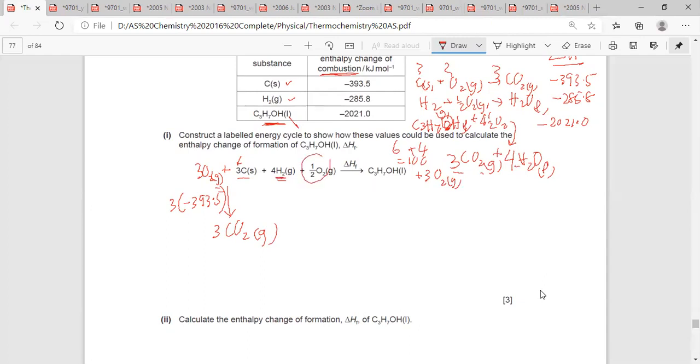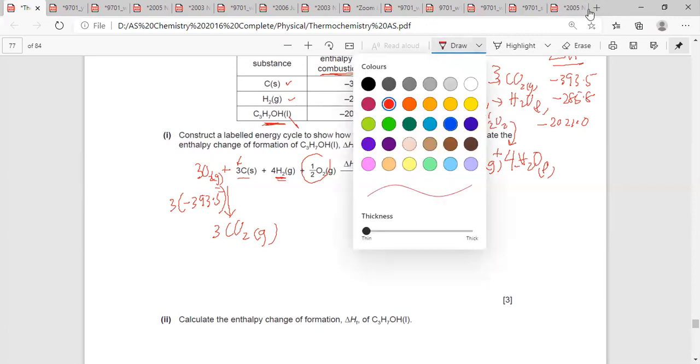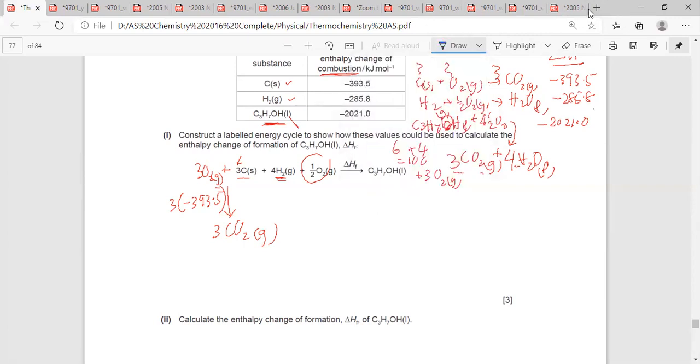Now hydrogen 4. I'm going to put blue color so you can see clearly. If I put 4 here, times 4, so half times 4 is equal to 2, isn't it?